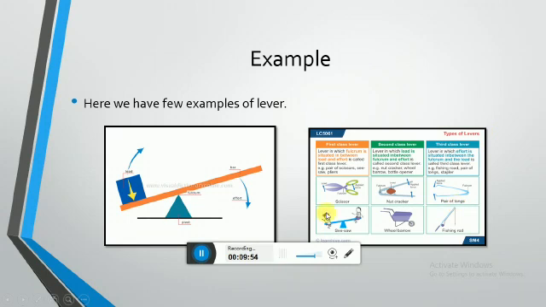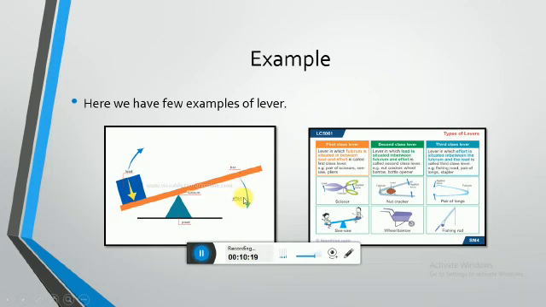Here we have one example. On one side of this rod we have a heavy load. Here is the pivoted point or the fulcrum around which this rod moves or rotates, and here we apply the force on this rod or bar.